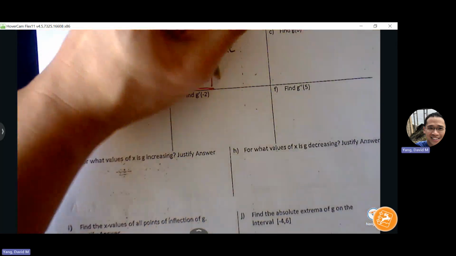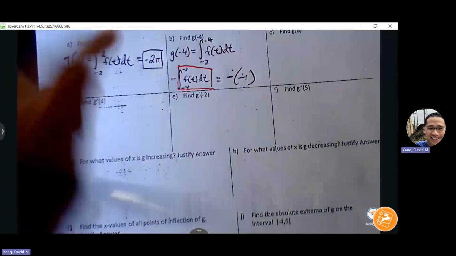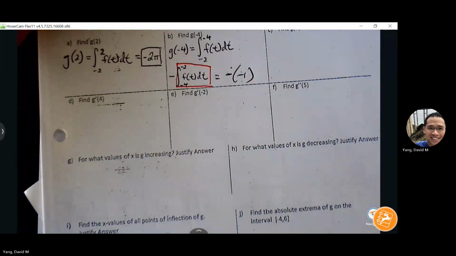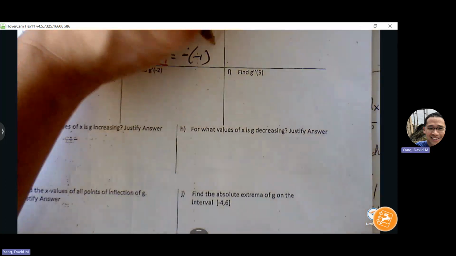This gives us negative of -1, which is +1.